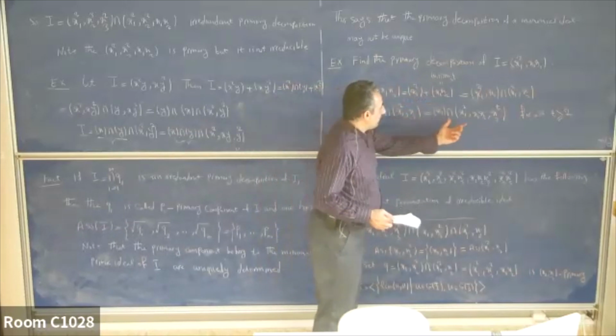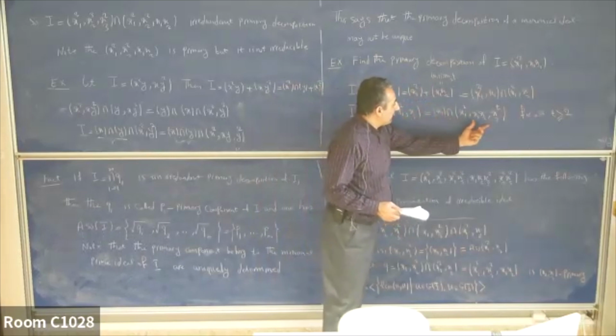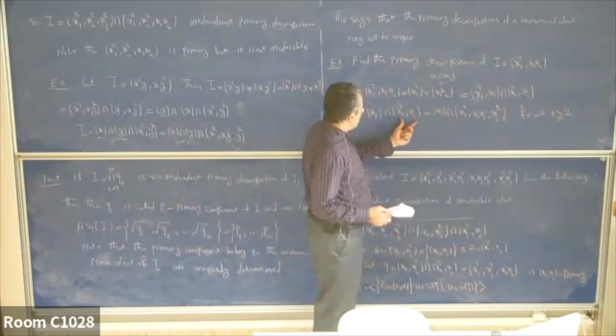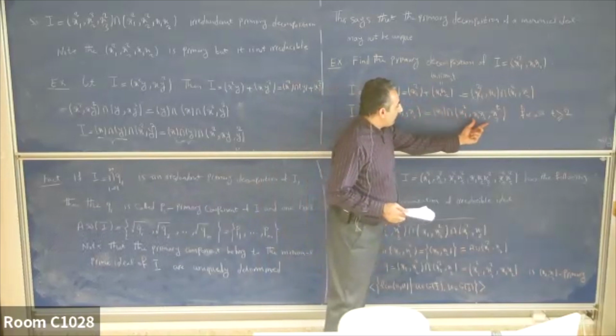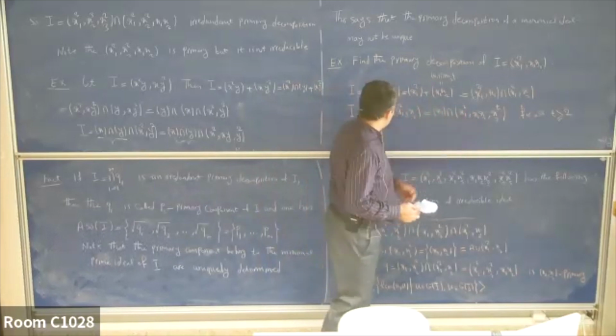And so this is the primary decomposition: the radical of this ideal equals the radical of this ideal, and so this is a primary decomposition and this is a primary ideal.